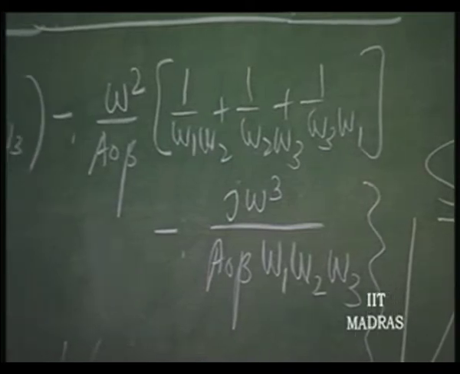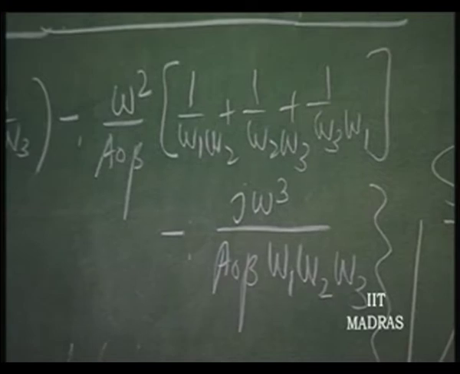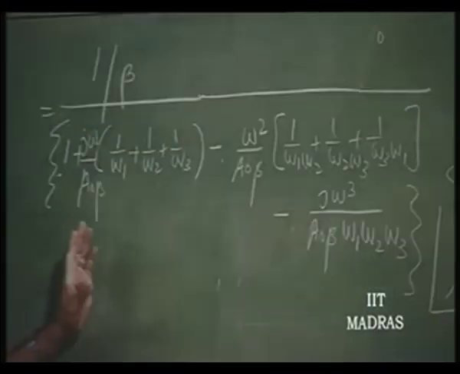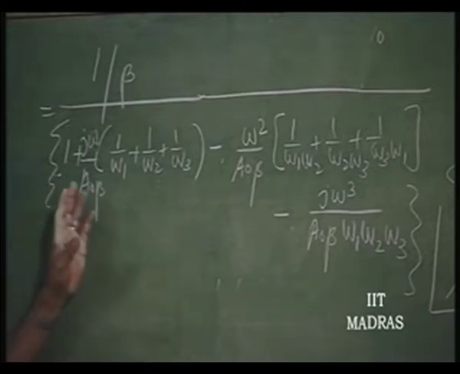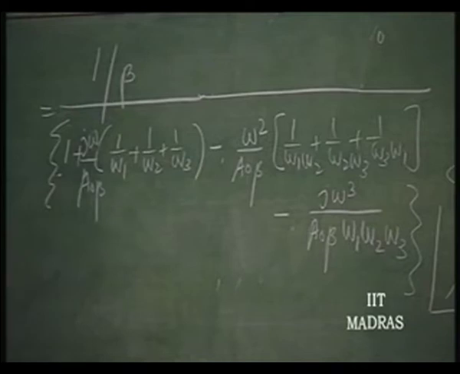So, you can see here it was originally having no phase shift. Now, it can have a phase shift of 180 degrees, right, that is the loop gain.